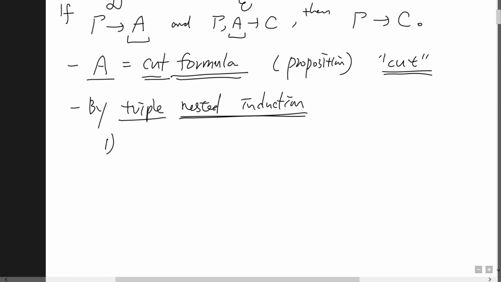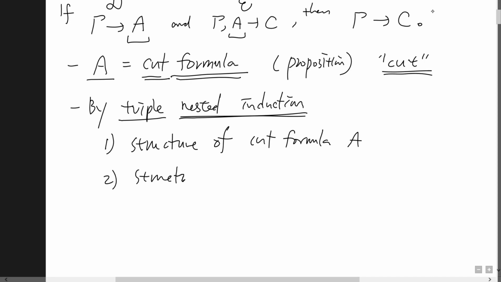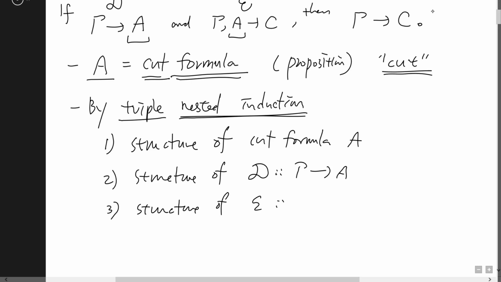First, we analyze the structure of cut formula A itself. And next, we consider the structure of the proof D for gamma arrow A. And next, we consider the structure of this proof of gamma A arrow C.